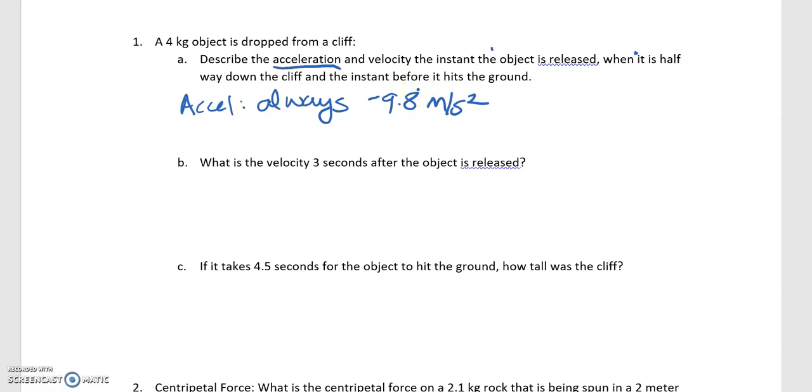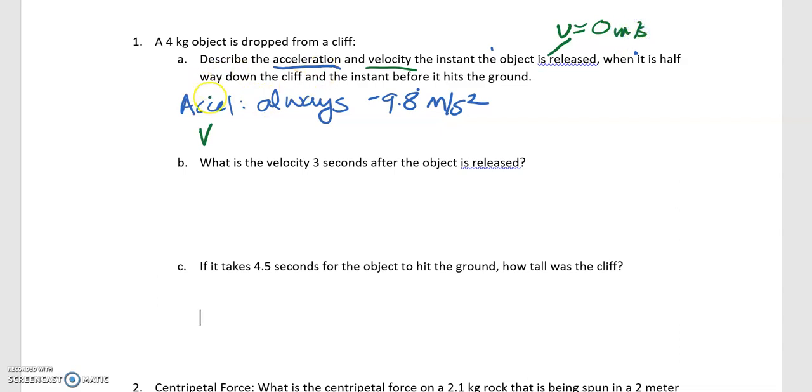Okay, now the velocity, though, on the other hand, that does change. So the instant the object is released, the velocity would be 0. So we're just saying that very instant when it's released, it hasn't started moving yet. So our velocity would be at 0 meters per second.